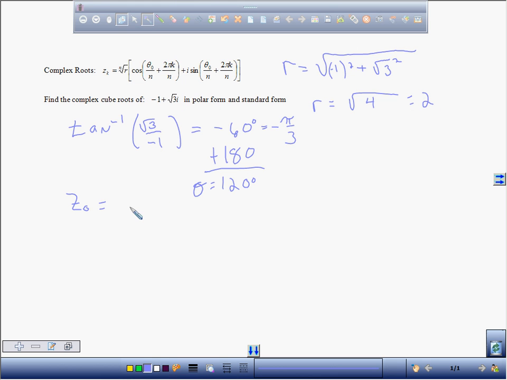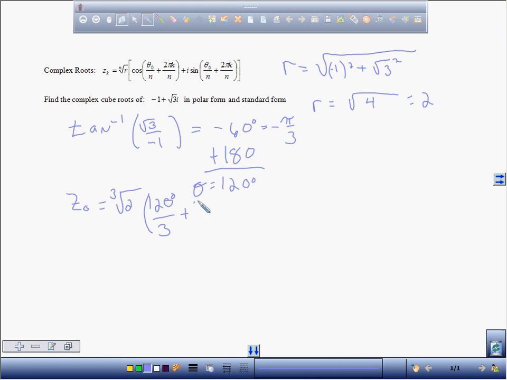Since r is 2, that number that goes in front is just the cube root of 2. And then you plug into this formula. Theta is 120 degrees, and n in this case is 3, right? And then plus 2 pi k.